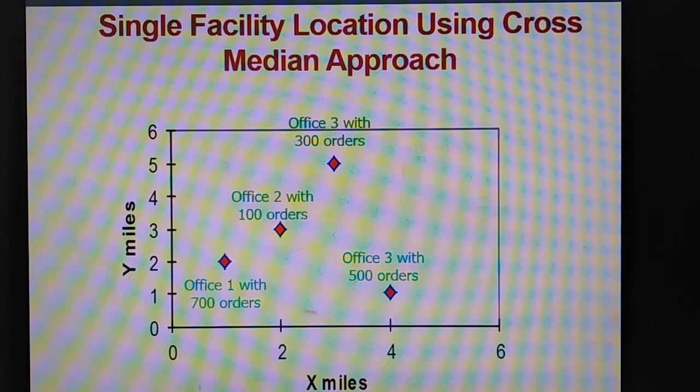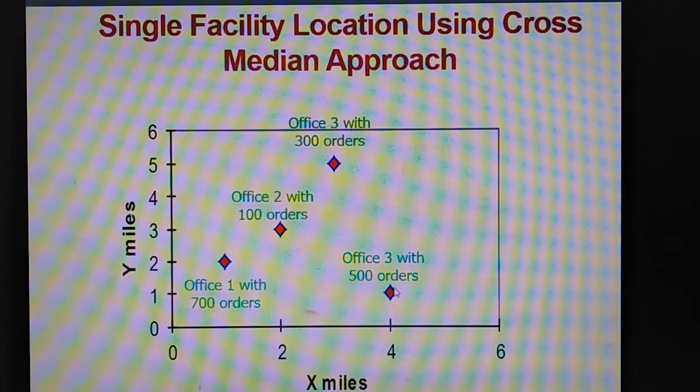For example, these are your existing customers: customer 1 at office 1 with 700 orders, which is their magnitude. Customer 2 at office 2 with 100 orders, customer 3 with 300 orders, and customer 4 at office 4 with 500 orders.